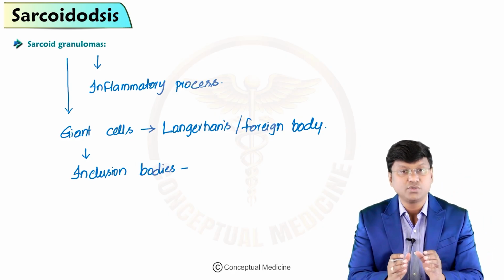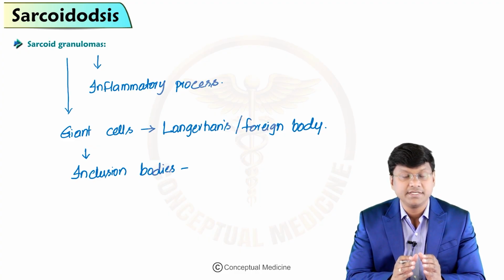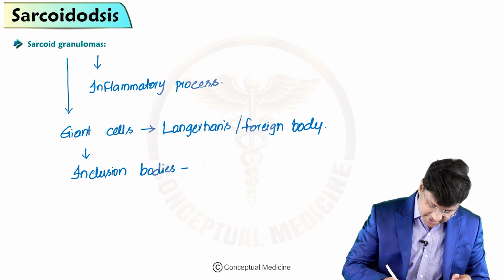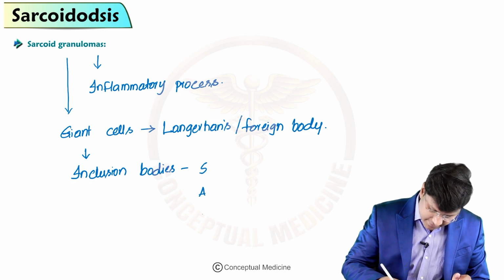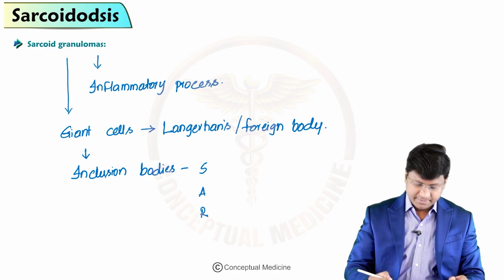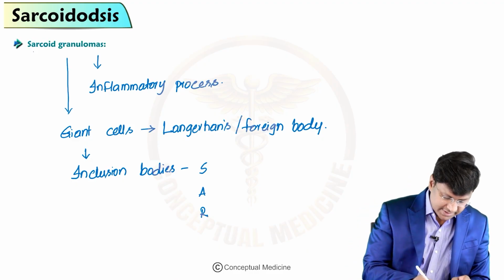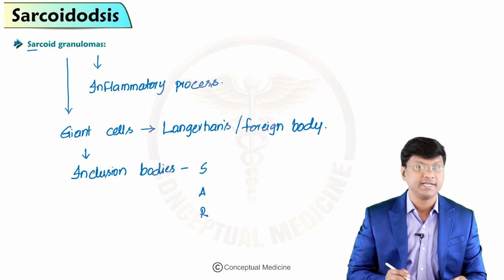The inclusions seen in the giant cells in sarcoidosis are as follows. Please remember this mnemonic, SAR. In sarcoidosis, you take the first three letters.